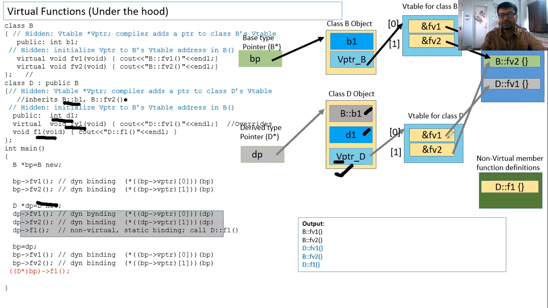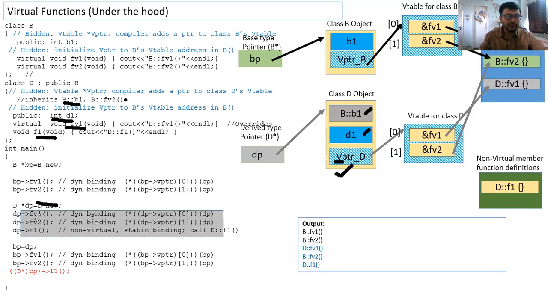Because the derived class has its own copy, it will point to its own copy, and whenever you invoke fv1 through a derived class object type, this copy should be invoked. But fv2 it has just inherited and did nothing, so fv2 will use the same copy that the base has written. So this fv2 address points to B's fv2, and this points to this one.